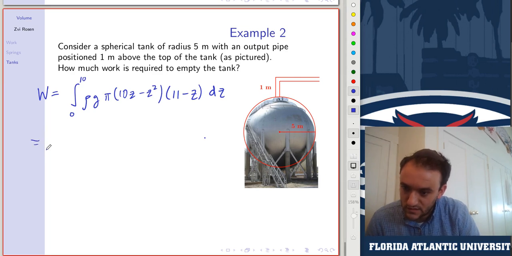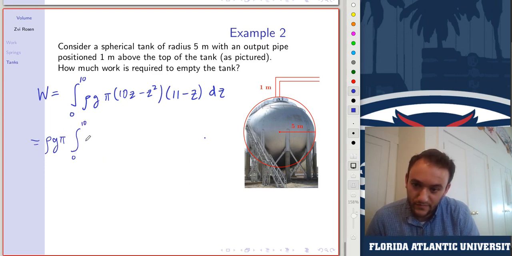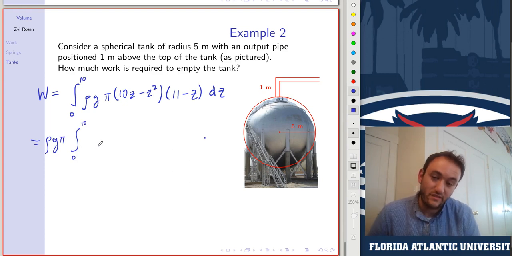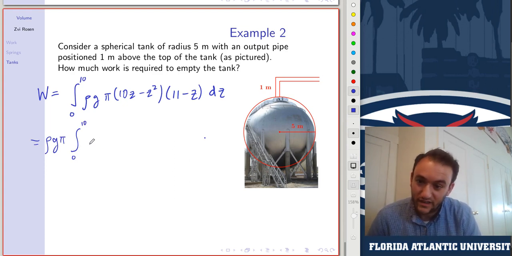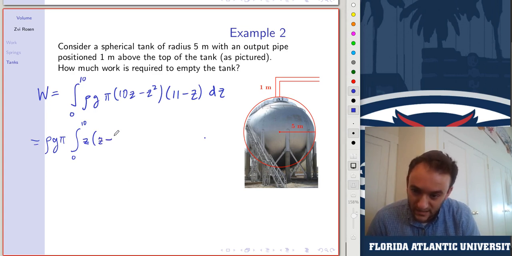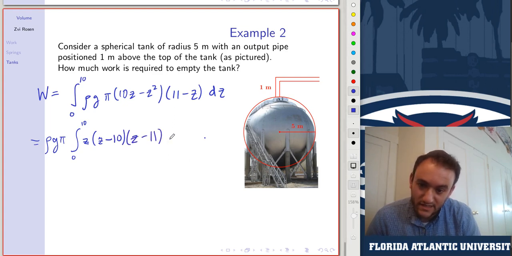So this is rho g pi times the integral from 0 to 10 of (10z minus z squared) times (11 minus z). Let's see if we can simplify that. We can factor out one of the z's to make it simpler, and I'm going to reverse both signs so it's easier to multiply: z times (z minus 10) times (z minus 11) dz.